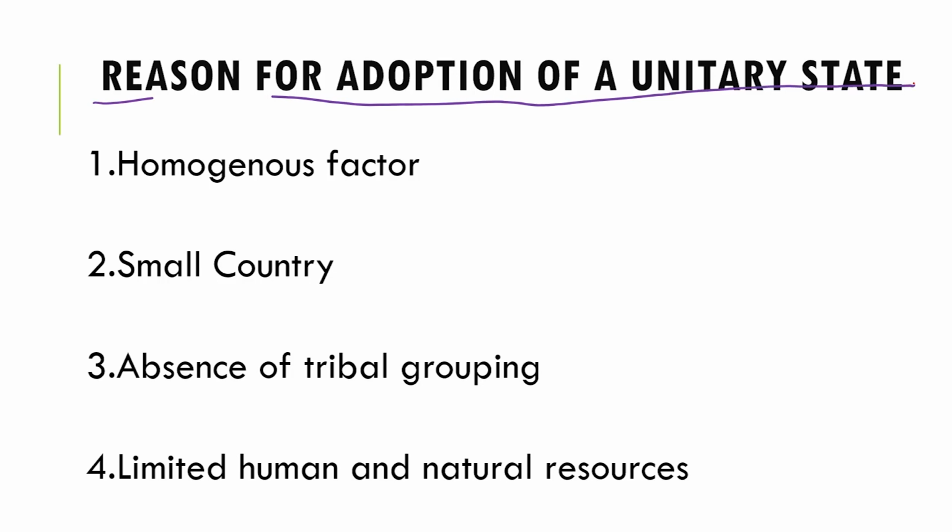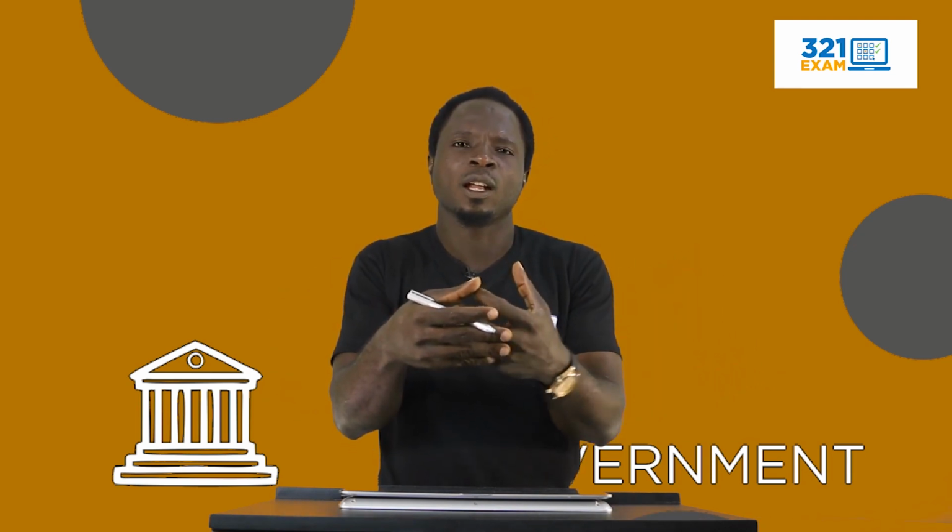Number 1, we said homogeneous factor. Now, homogeneous factor, we're referring to the historical background of the people. You have the same culture, the same religion, the same historical background. For this reason alone, you think the best system to go for is what? A unitary system, in order to do what? To restore that unity and that history and everything the people share together ab initio.